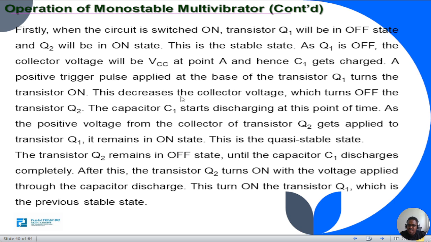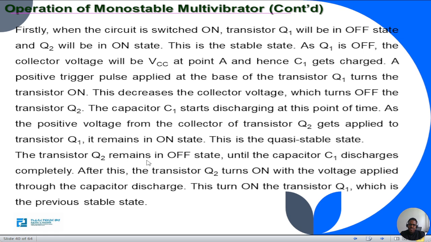This decreases the collector voltage, which turns off the transistor Q2. The capacitor C1 starts discharging at this point of time. As the positive voltage from the collector of transistor Q2 gets applied to transistor Q1, it remains in the on state. This is the quasi-stable state.